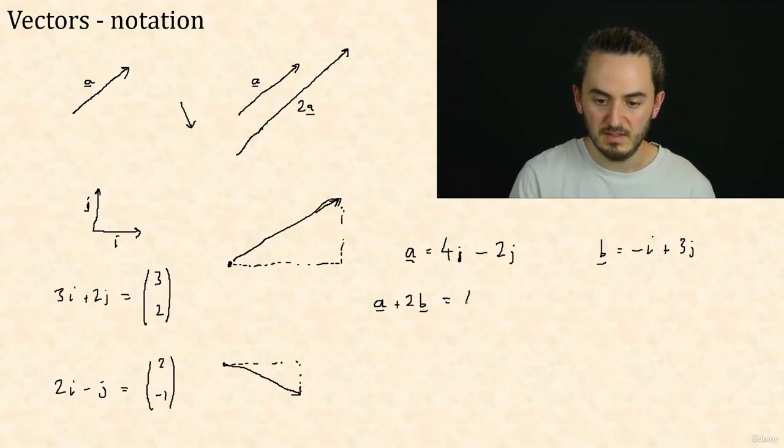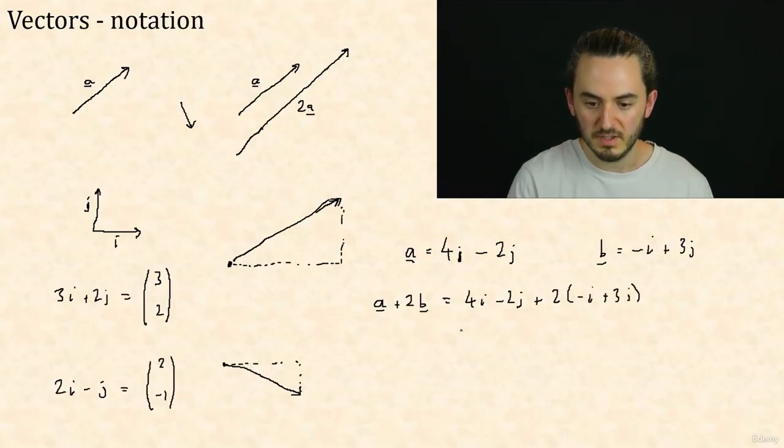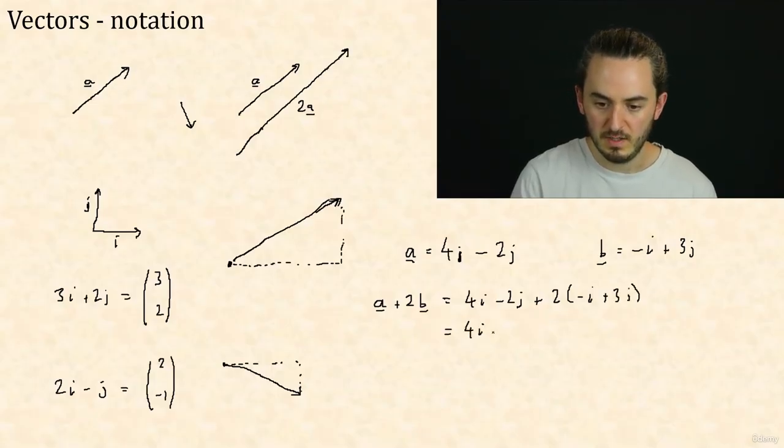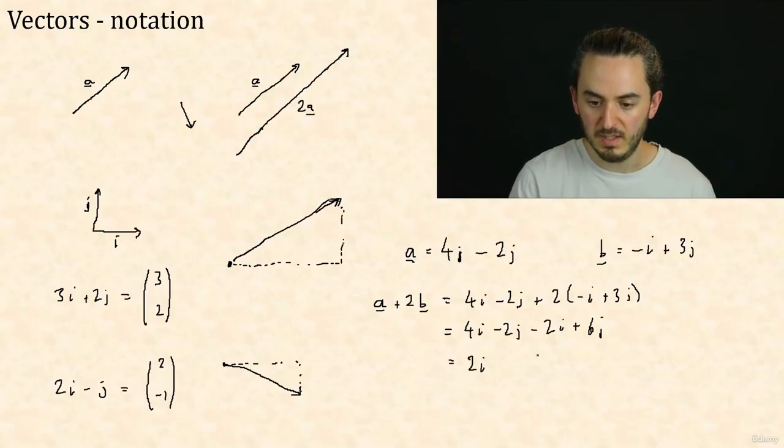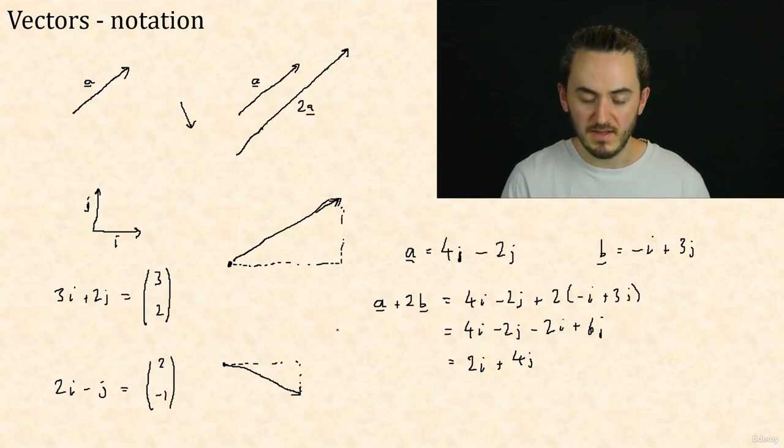Well, that's going to be a plus 2 lots of b. And if we expand this, we'll get 4i minus 2j minus 2i plus 6j, and all of that stitched up together. That's 4i minus 2i is 2i, and negative 2j plus 6j is 4j. So that's how we can combine vectors like that.